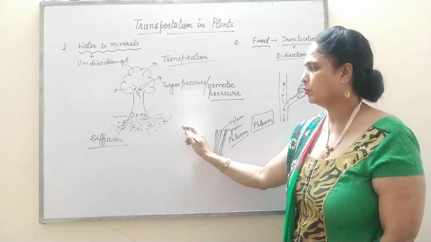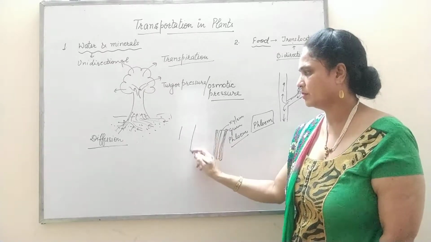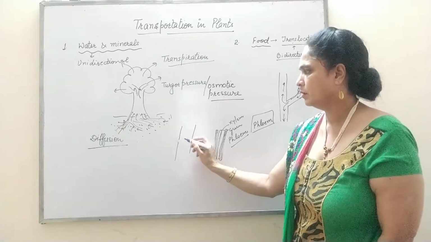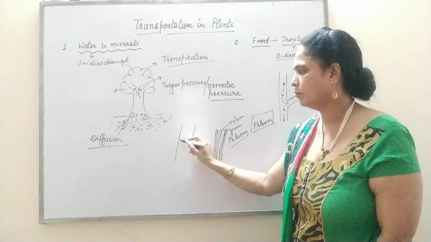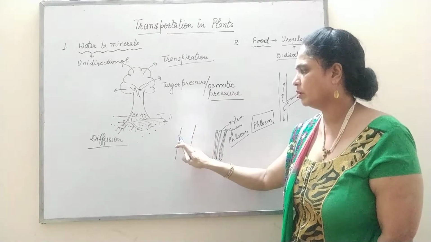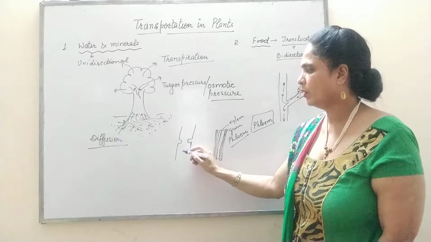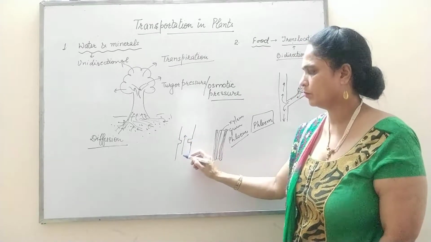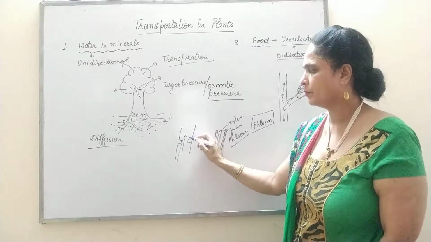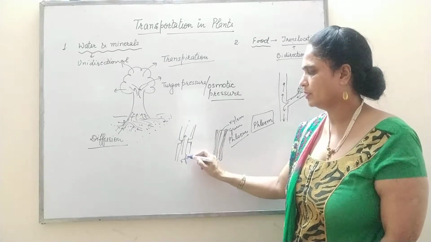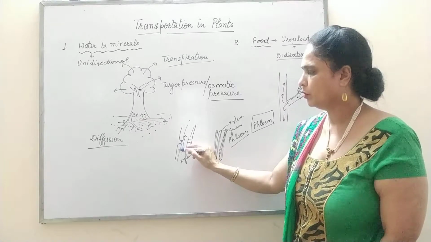Sometimes if we put a cut over there, suppose this was a stem and here I put a cut, I cut only the green portion of it, I remove the green portion from some place. Now what will happen? The water is moving because this part is xylem. So water will be moving through the xylem, but what about food?